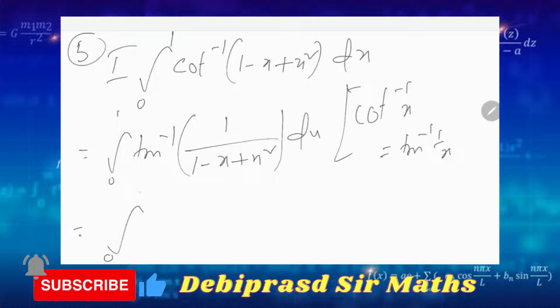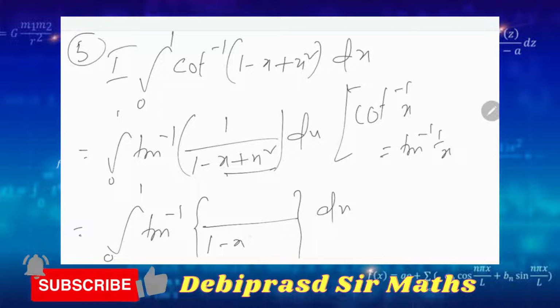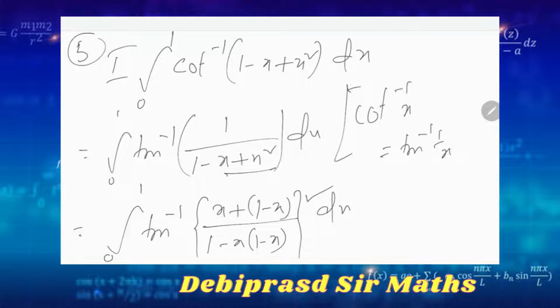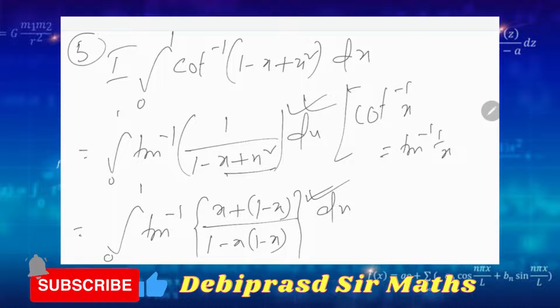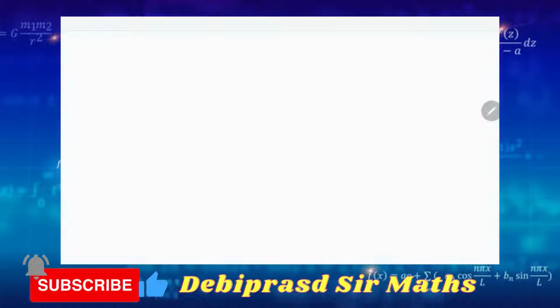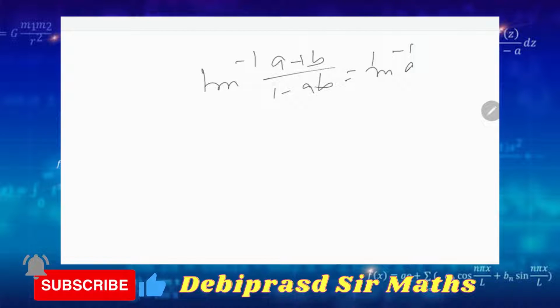I will adjust this sum a little bit. Here 1, from there minus x common, 1 minus x. I will write in the numerator x plus 1 minus x. Look, this step and that step remain intact. So here I will use the formula tan inverse of a plus b by 1 minus ab is equal to tan inverse a minus tan inverse b. This formula I will use for this sum.